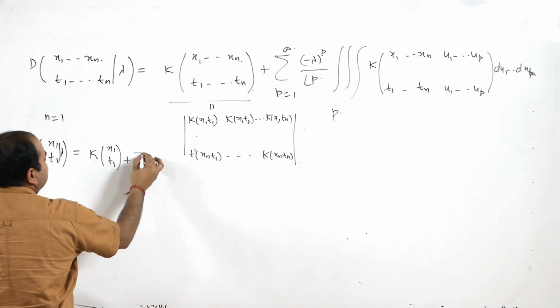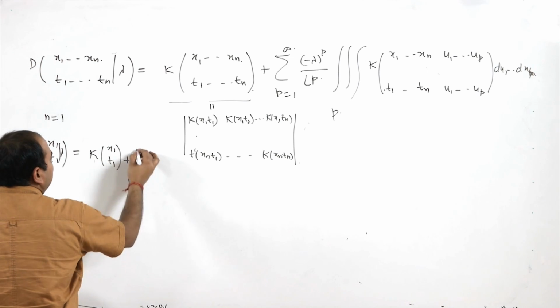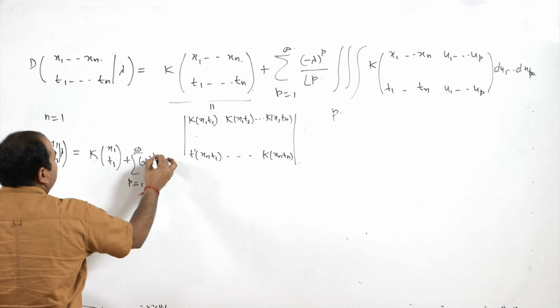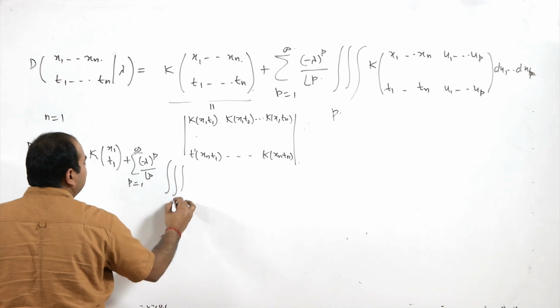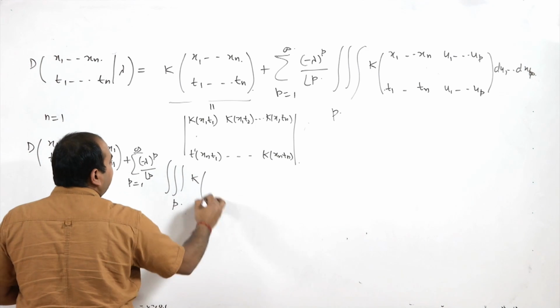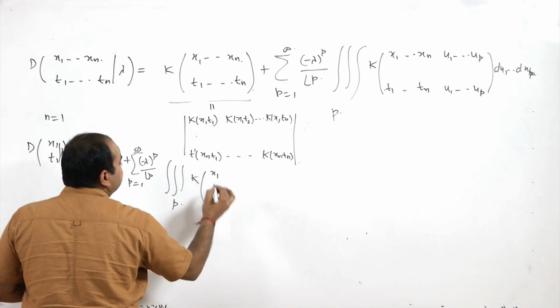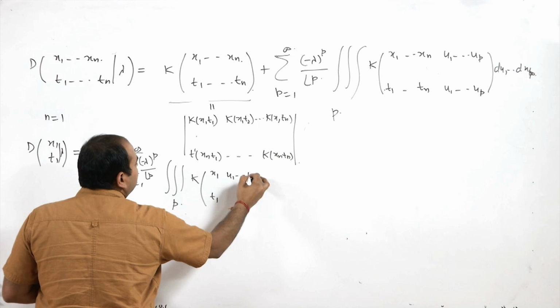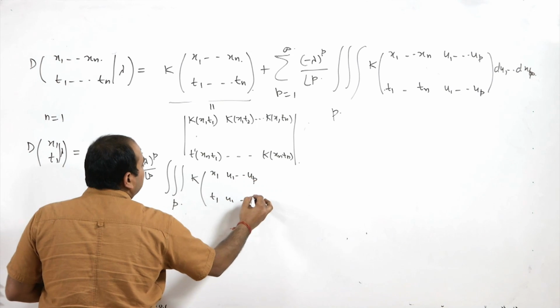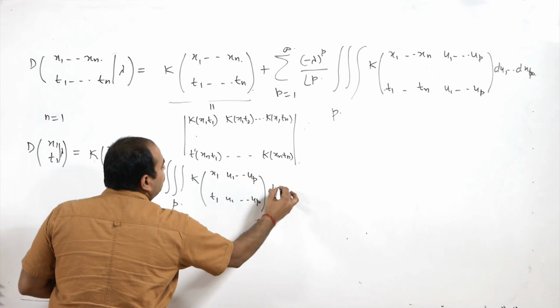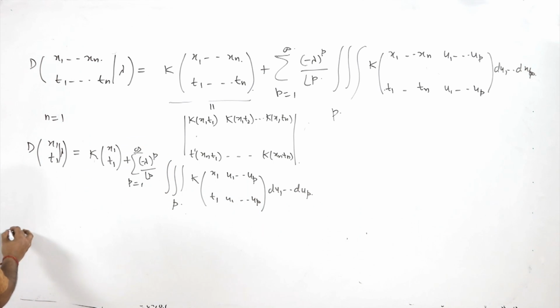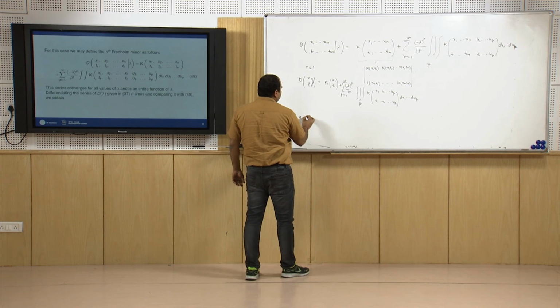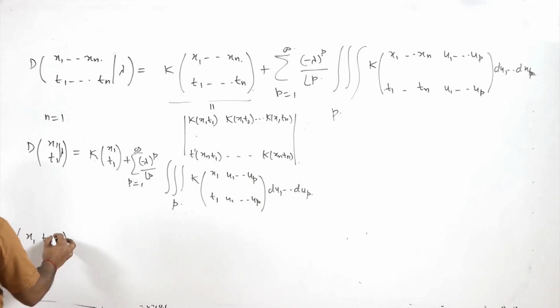So let me write it first and then we will simplify this. T1 plus the summation p equal to 1 to infinity of (minus lambda) to the power p upon factorial p, and this is the p-fold integral, and this is K(x1, t1; u1 to up; u1 to up) du1 to dup. So if you simplify, I can write this as D(x1, t1; lambda).